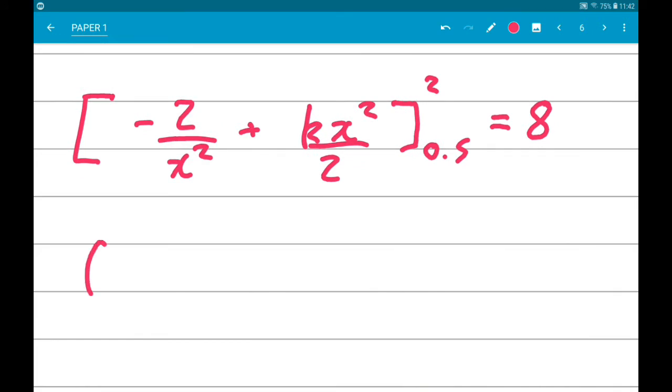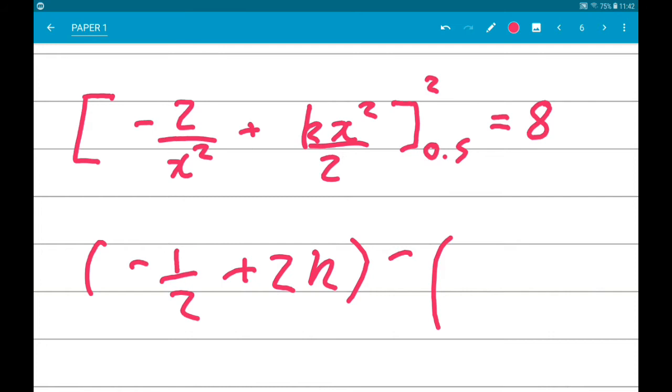So -2 over 4 is -a half. k times 2 squared over 2 is 2k. And then we subtract what we get when we put in 0.5.